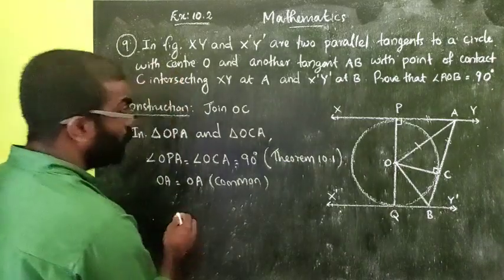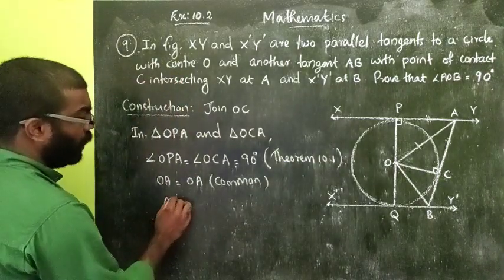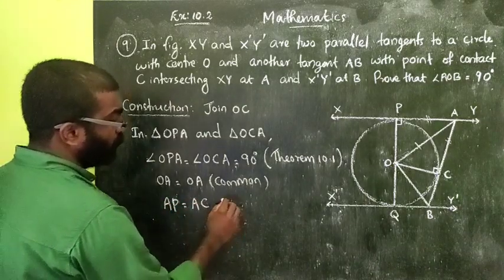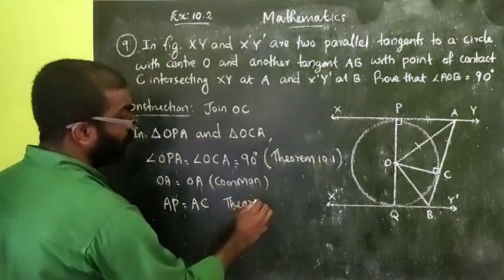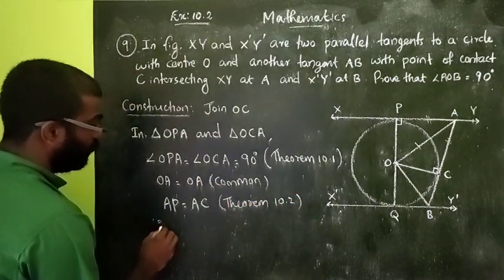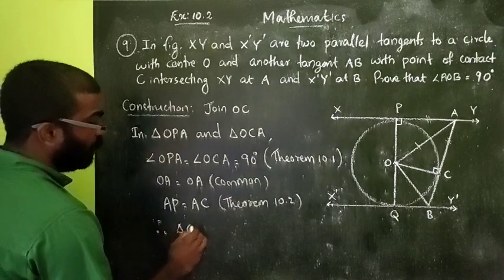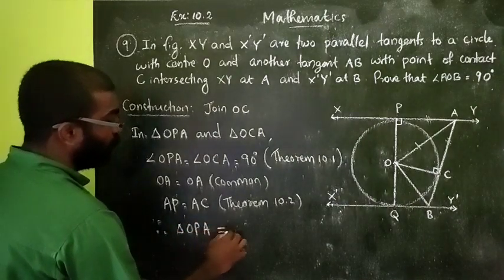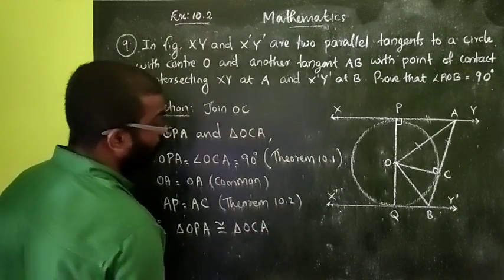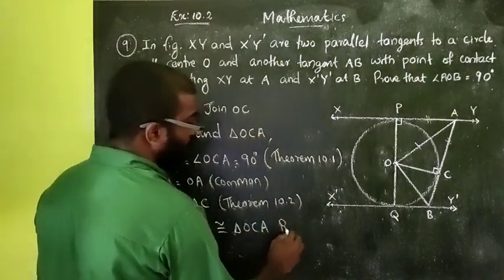So what can we write? AP is equal to AC by theorem 10.2. Therefore, triangle OPA is congruent to triangle OCA by the RHS congruence rule.